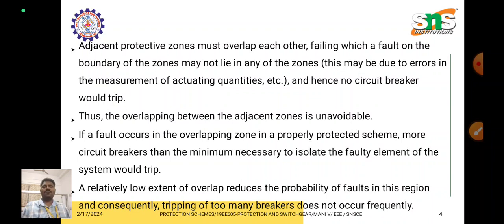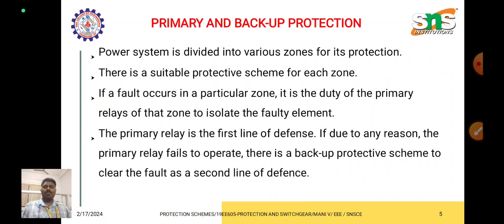If a fault occurs in an overlapping zone in a properly protected scheme, more circuit breakers than the minimum necessary to isolate the faulty element of the system would trip. And now, primary and backup protection. The power system is divided into various zones of protection, and there is a suitable protective scheme for each zone.